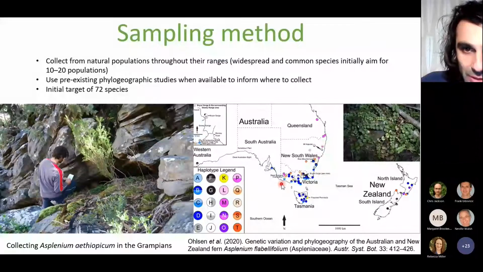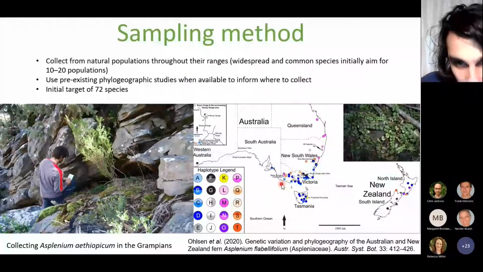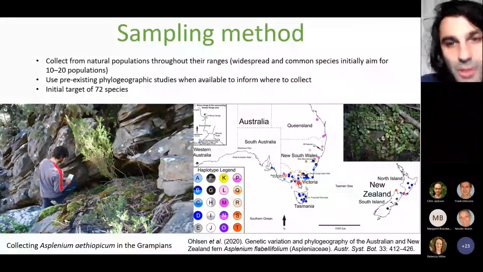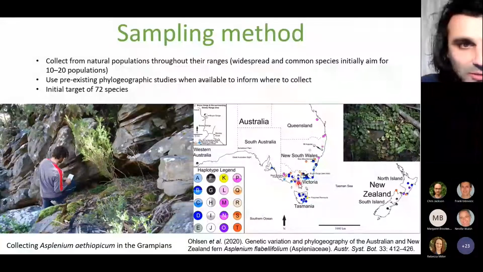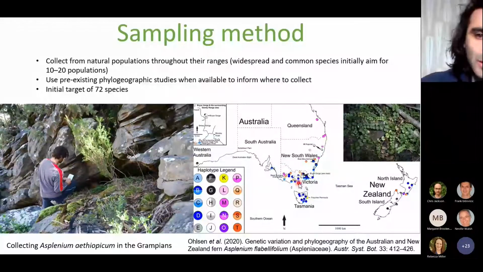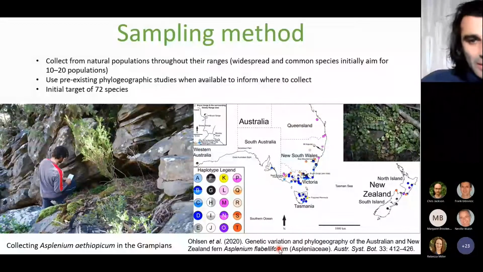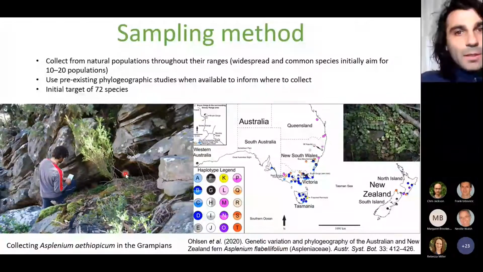So for collecting in Victoria for this species, I'd want to collect a population that has each one of these different sequences in it in order to represent that genetic diversity that might be underlying in that species well. If you want to find out more information about that, those are the details of that publication there.